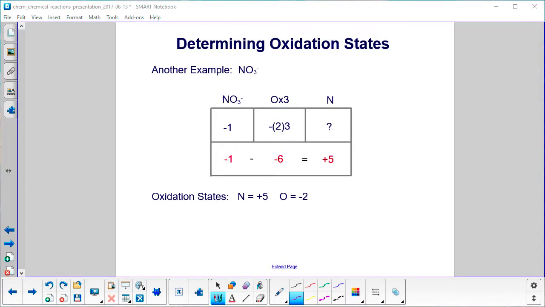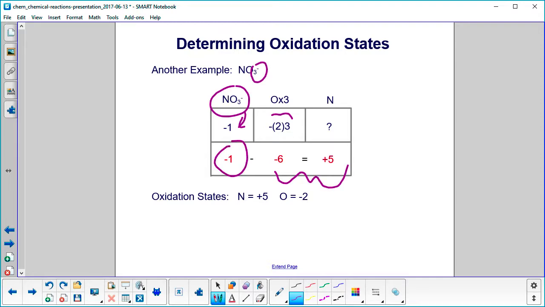Let's find the oxidation state for nitrogen in nitrate. So let's start with the nitrate charge. It's a -1. We go to the periodic table for the anion, which is oxygen, and we find that it's -2, but we have 3 oxygens. So we multiply 3 times -2. Now we have to add the cation and the anion charges to get -1.